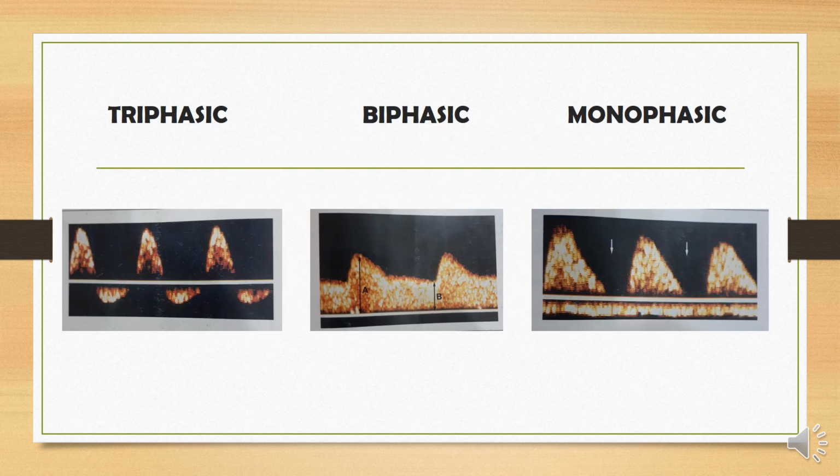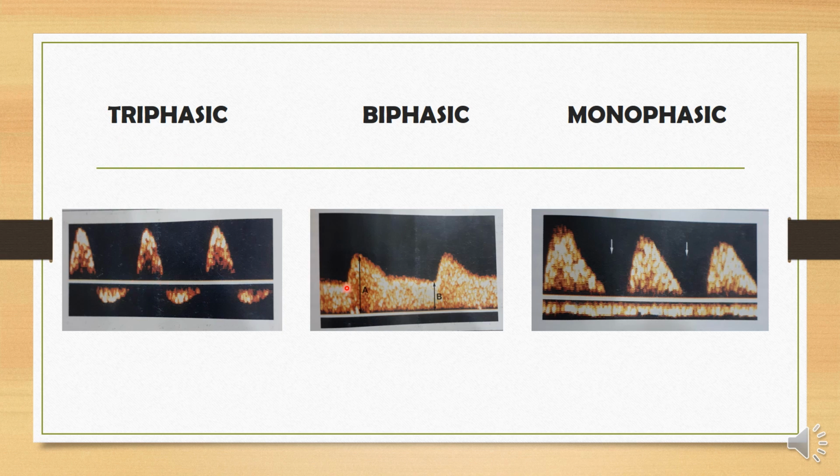Basically, there are three types of spectral waveforms. One is triphasic, biphasic, and monophasic. In triphasic one, there is a systole which comes back to the baseline. Then there is a reverse diastole which again comes to the baseline. So systole, reversal, and again to the baseline is a triphasic.